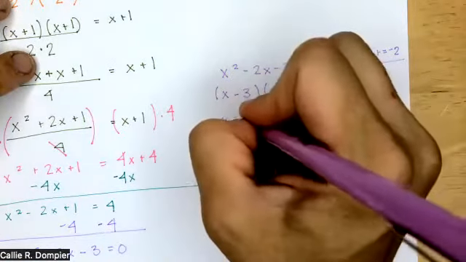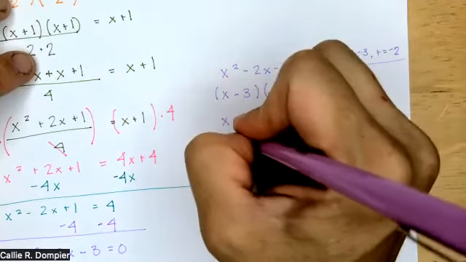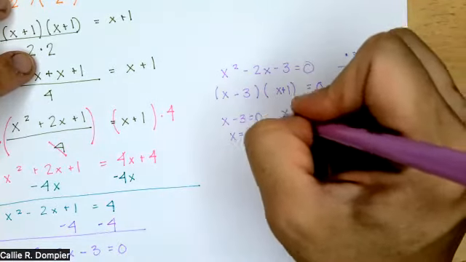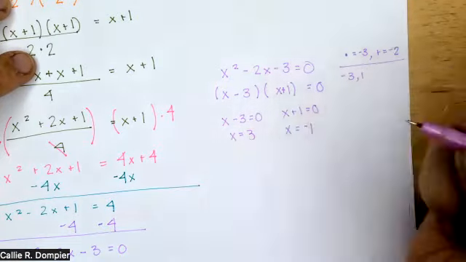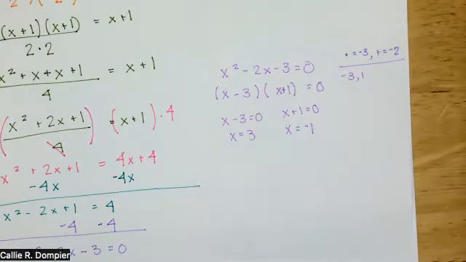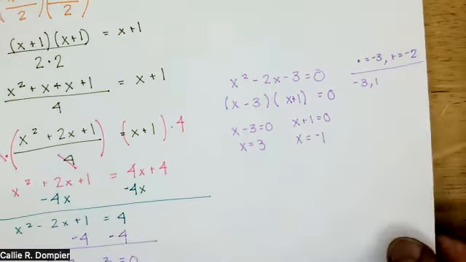So now I have x minus 3 is 0, x is 3, x plus 1 is 0, x is -1. Good. Again, go back, put them into the original equation to make sure that they are not extraneous. But that's number 3.